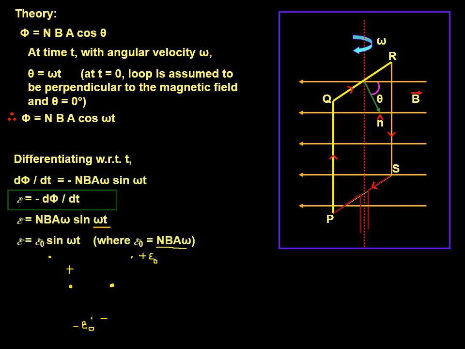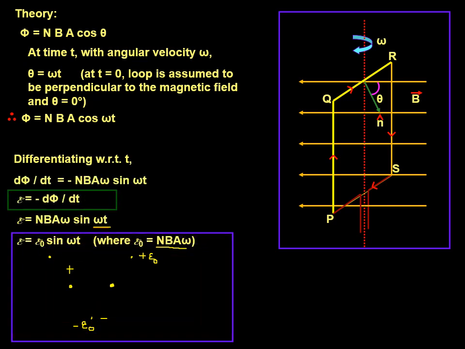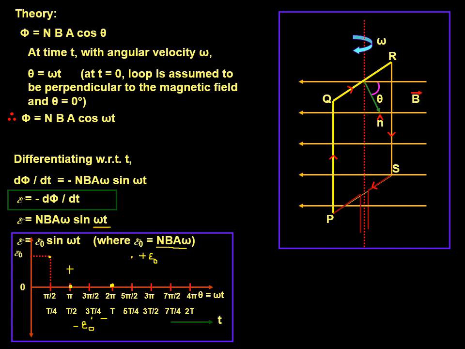So phi is equal to NBA cos omega t. You can check the shape of the graph. Just now you have seen the shape of the graph also. So it is E0 versus t at pi by 2 or T by 4. You see, pi by 2 is the phase and T by 4 is the time in terms of time period.